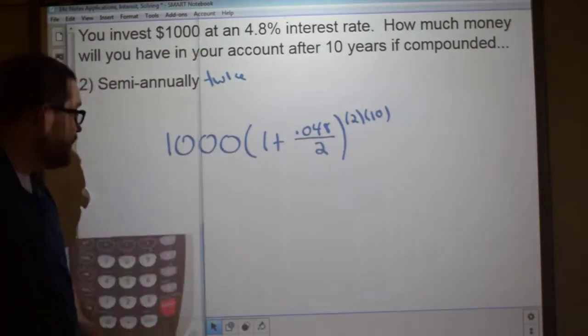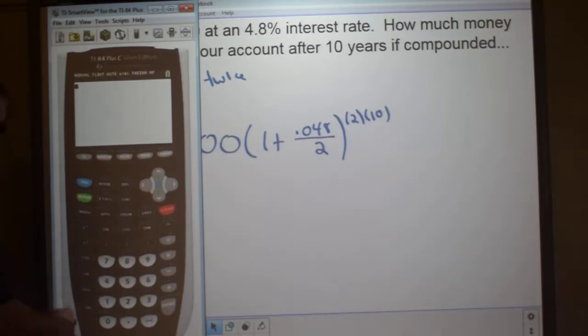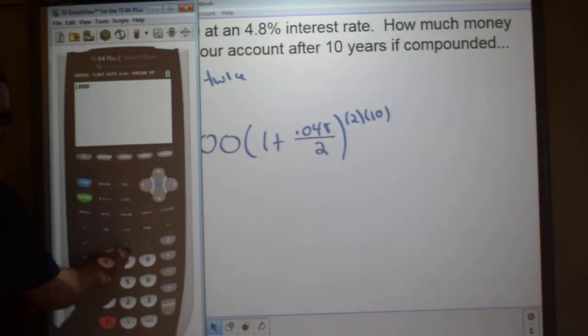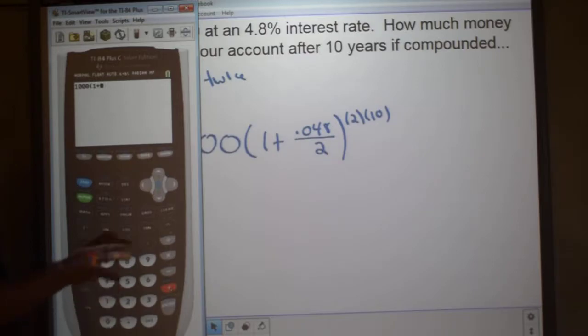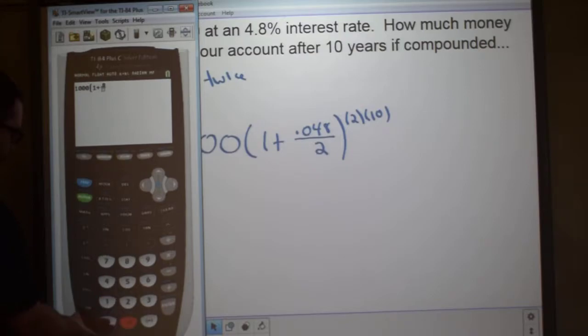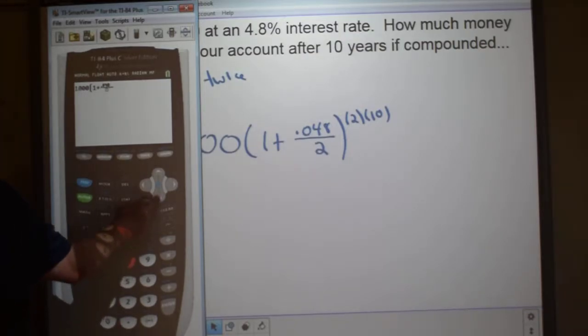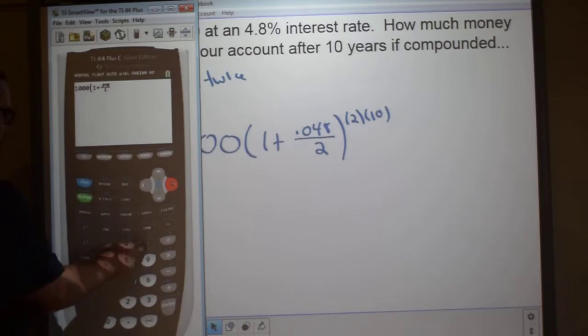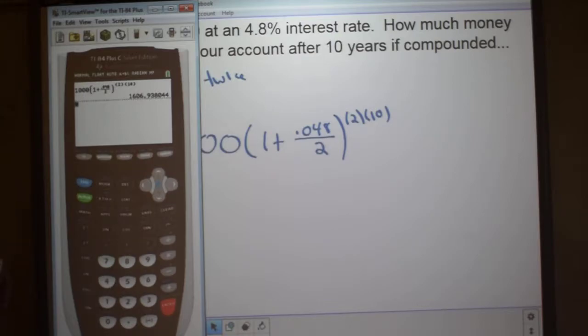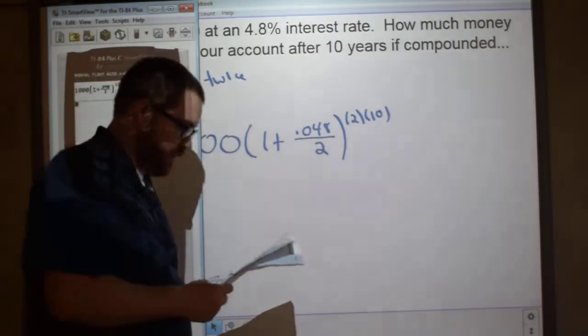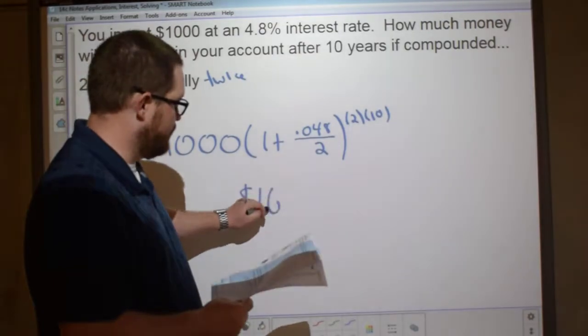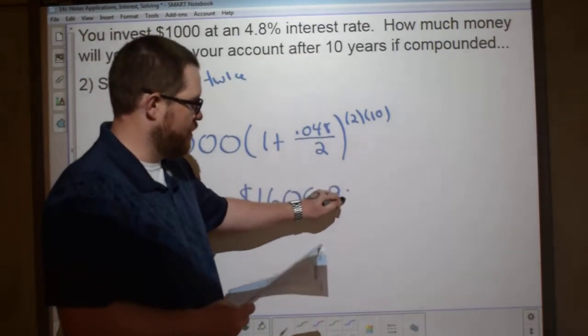Now if you want to type that in the calculator to make it easy to work with, we can just go 1,000, parentheses, 1 plus, let's put in our fraction, 0.048 over 2, parentheses, raised to the 2 times 10. By doing it all in the calculator, it lessens your chance of a mistake. $1,606.94.